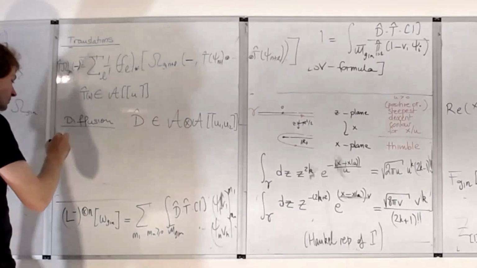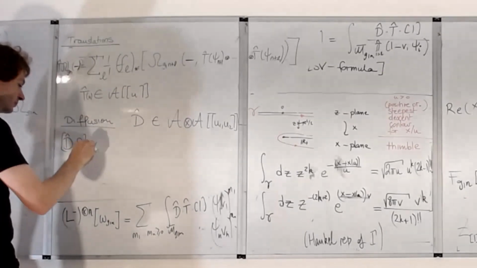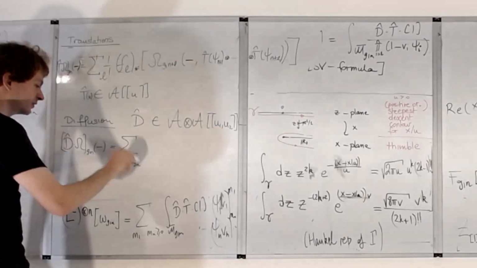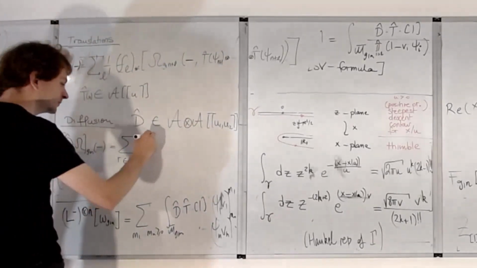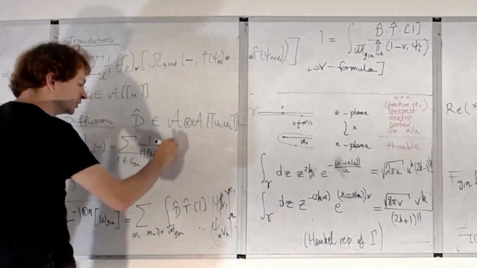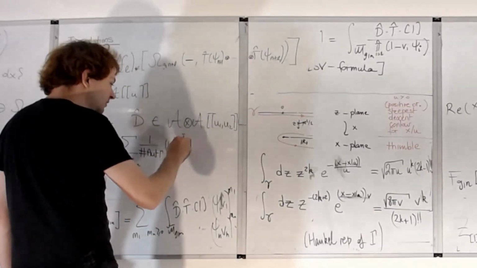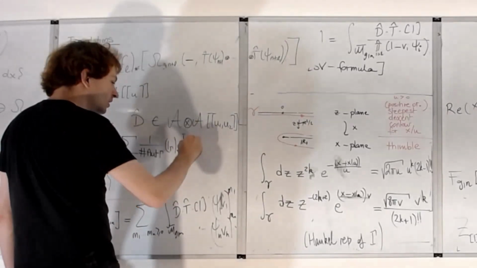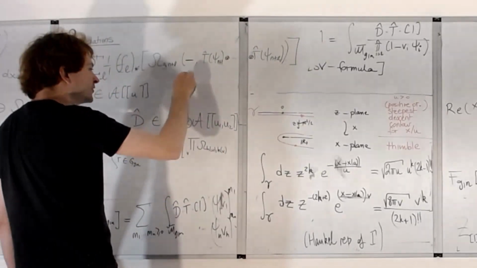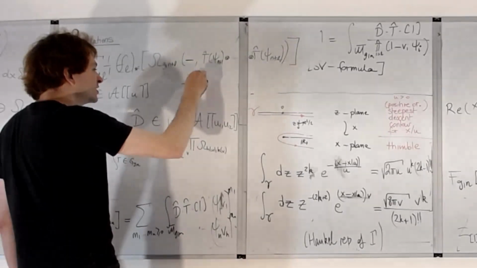And then D hat applied to a class is going to be the sum over the stable graphs, 1 over automorphisms, the push-forward map, and then product at the vertices of the classes. So in the stable graph, there are some leaves and some vertices, some edges, sorry.